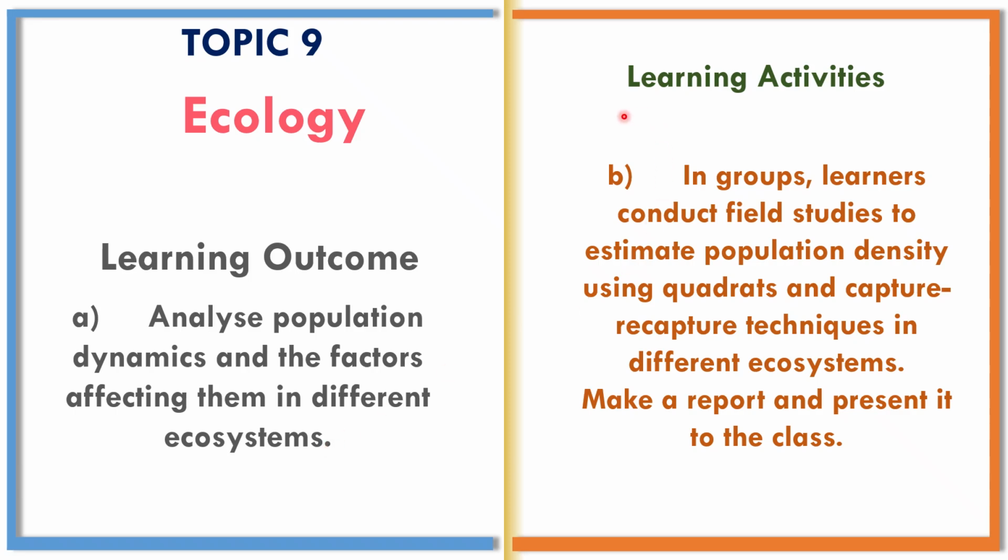We looked at learning activity B. In groups, learners conduct field studies to estimate population density using quadrants and capture-recapture techniques in different ecosystems. Make a report and present it to the class.